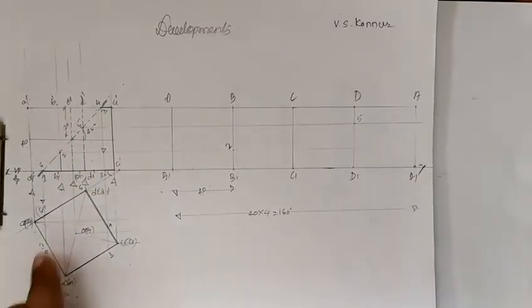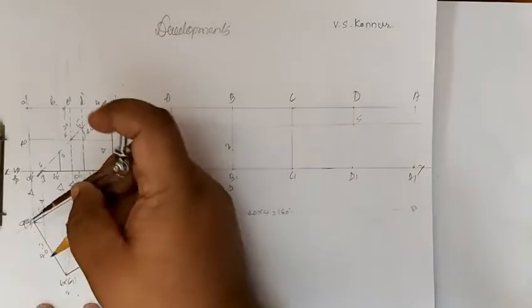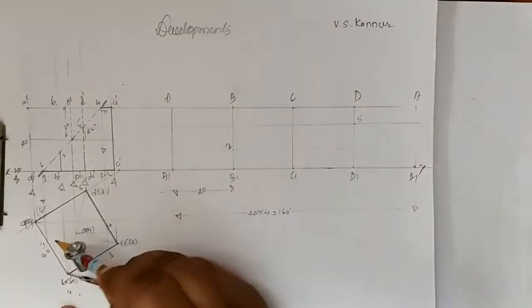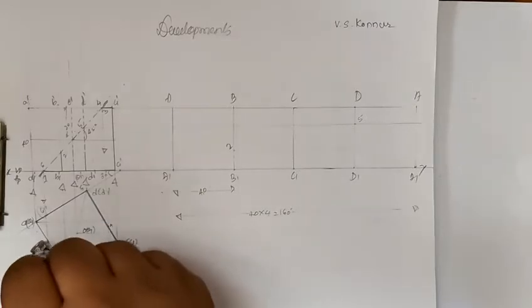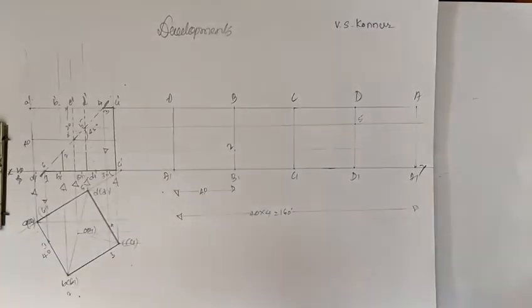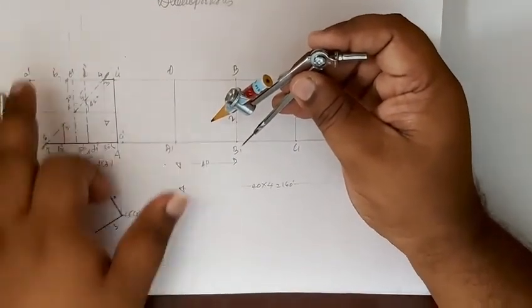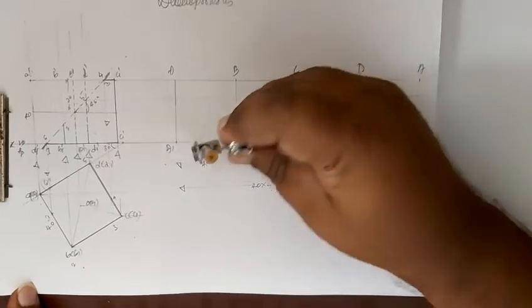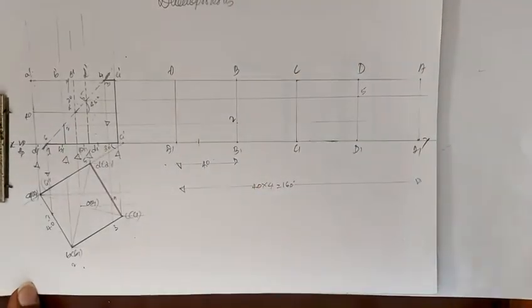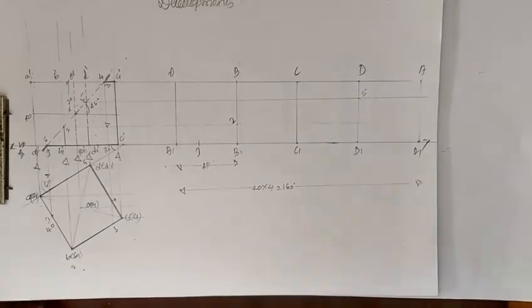Now this first point is on A1 B1, so we'll take the distance from B1. I am taking the distance to the 1 point. The first point from B1 I have taken, it is on the bottom face, not on the top. So from B1 I will cut. So here we'll have the first point. Next, second is over.